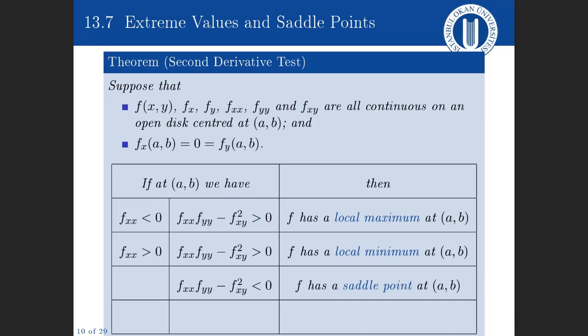If instead this number fxx fyy minus fxy squared is negative, then we must have a saddle point at the point (a, b). And finally, if this number is 0, then we don't know. We would need to use a different test, a different type of mathematics to see what we have at (a, b).